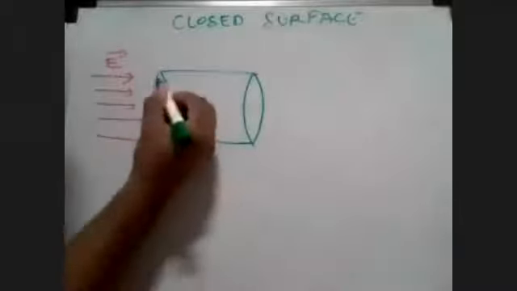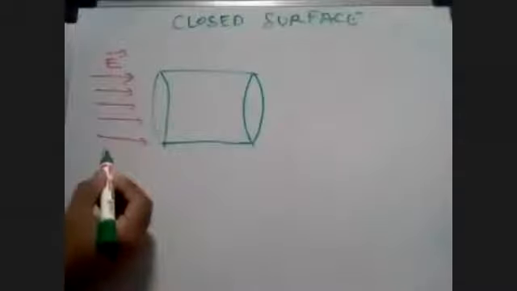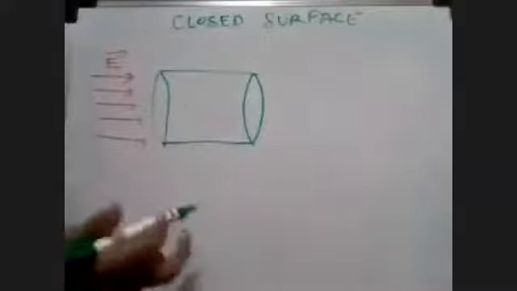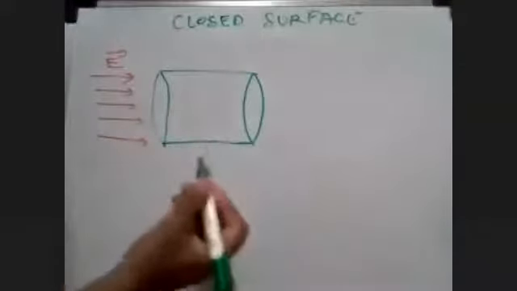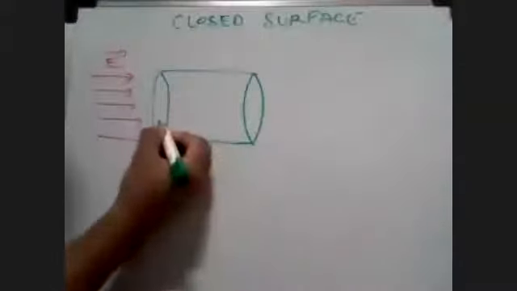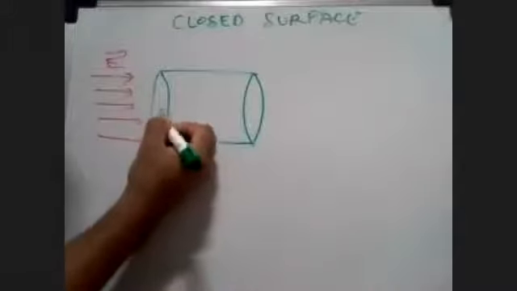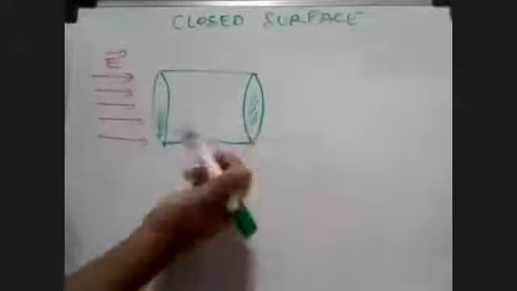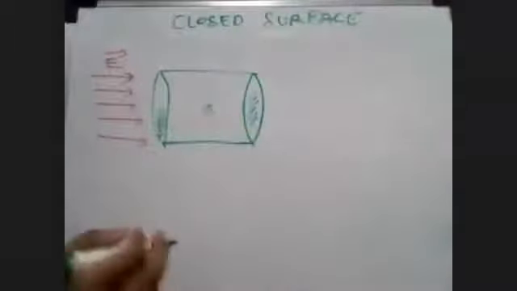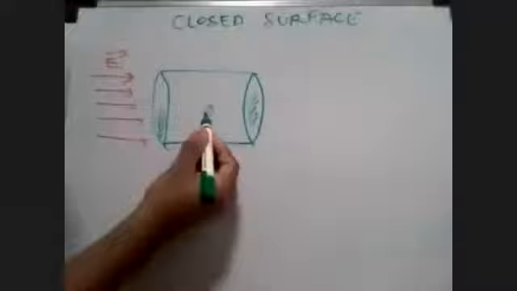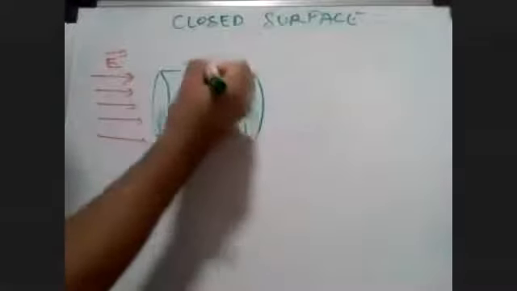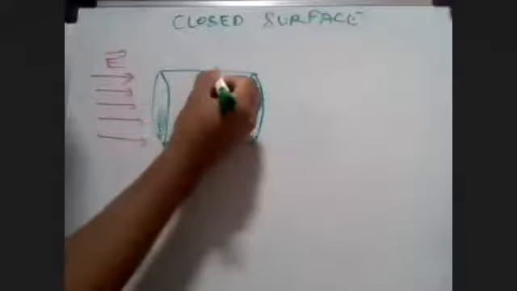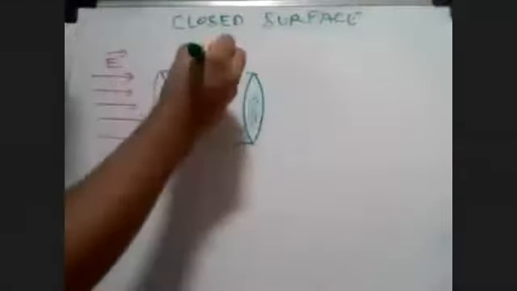Okay, anyways, look here. When electric field lines are passing through this cylinder, it's 3-dimensional. There are 3 places where you can find the electric field: one at this point, one at this point, and one at the surface of the cylinder at this point. The area vector of this small area I have marked here is on top.